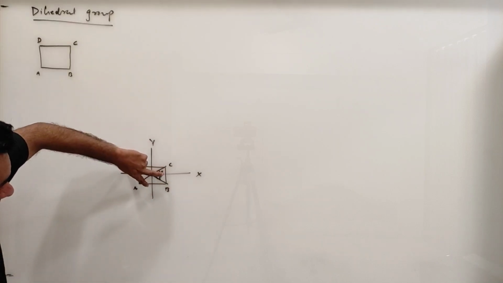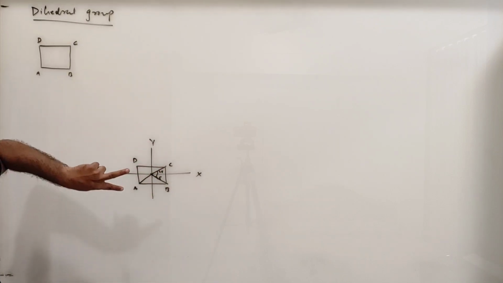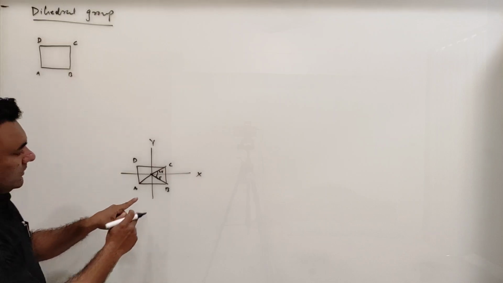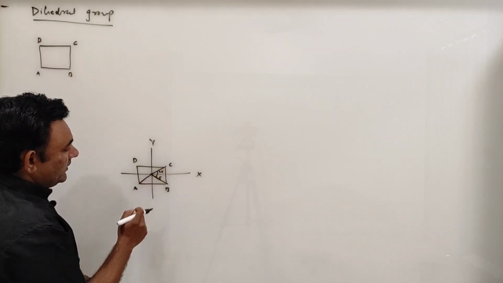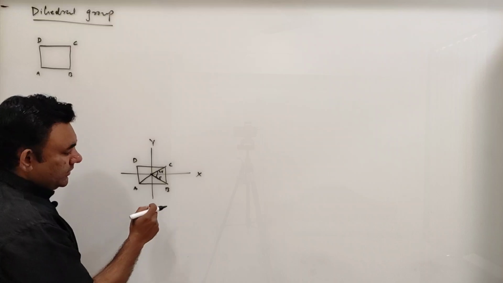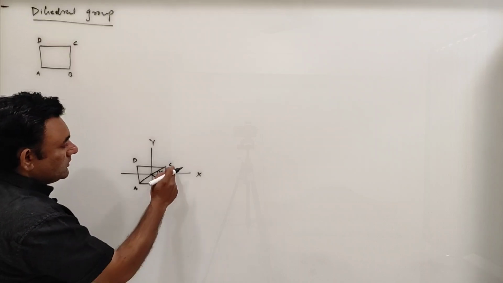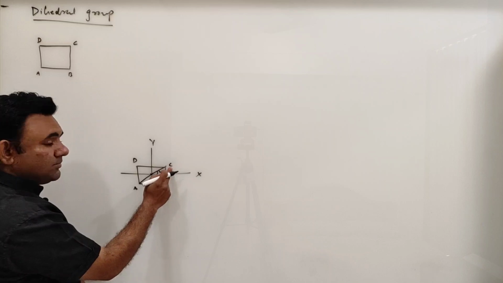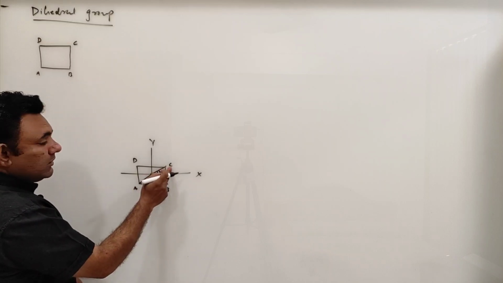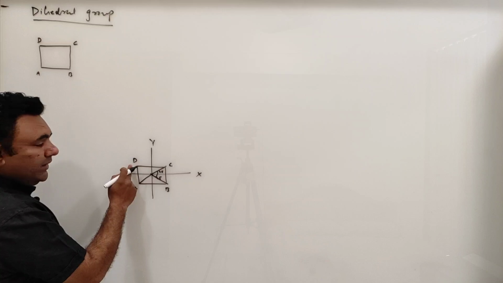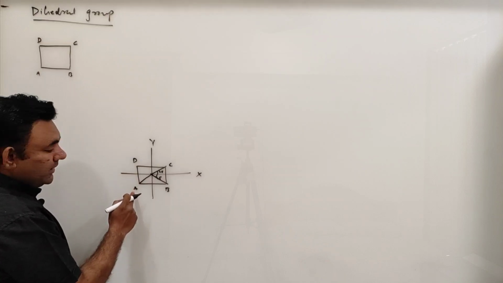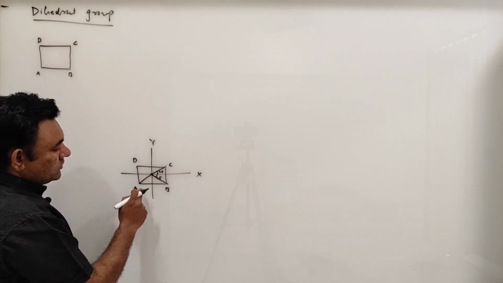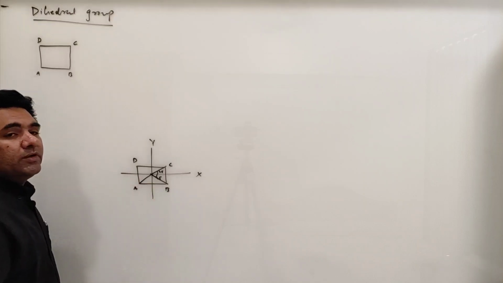So if you rotate this square by 90 degrees, then 45 plus 45 is 90. So B comes at the position of C. By the same thing, C comes at the position of D, D comes at the position of A, and A goes to the position of B.